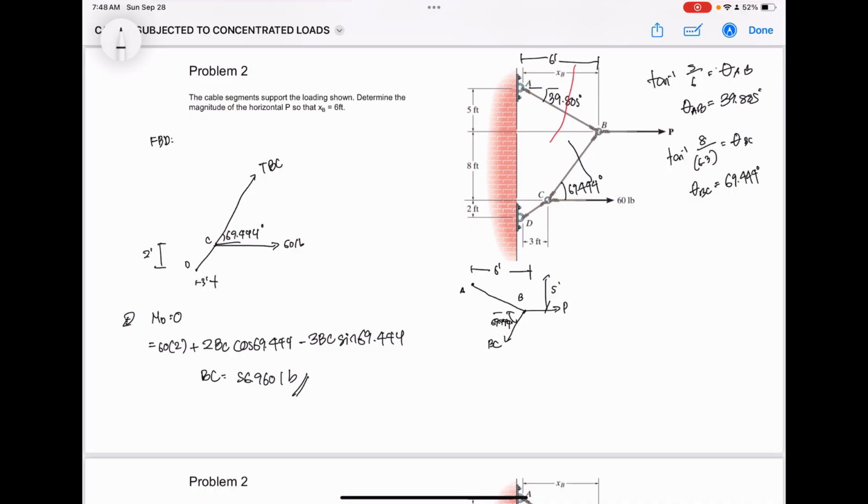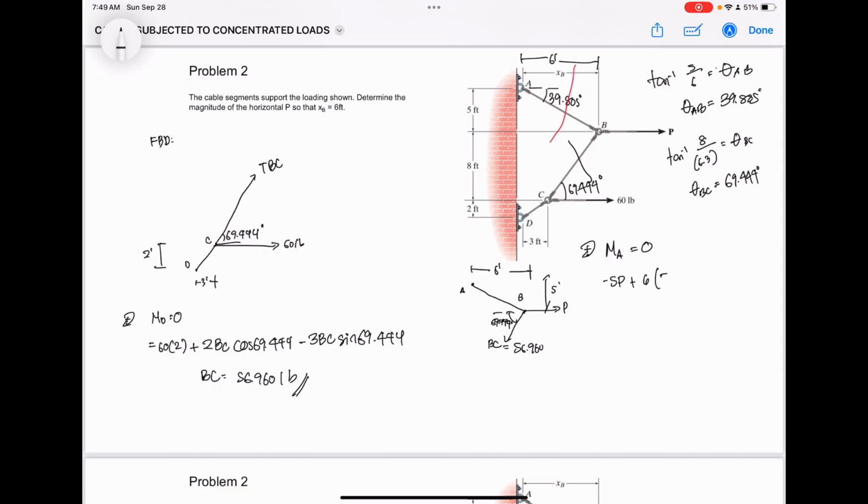Alam natin 69.444 degrees. We can do moment at A equals 0. We have negative 5P plus 6 BC is equal to 56.960, no?